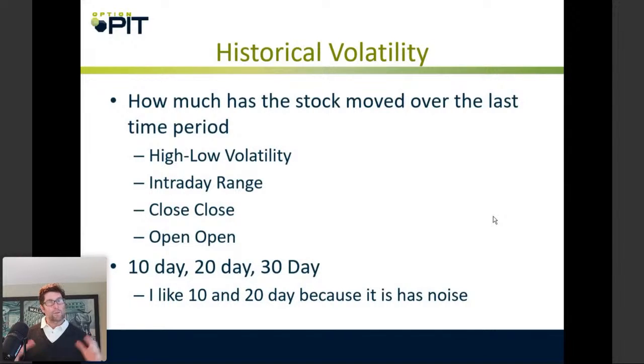So again, it gives you a reasonable idea of what's a reasonable move for an underlying. So 10, 20-day, 30-day vol. All that says is I'm looking at the last 10 days of volatility, the last 20 days, the last 30 days. That's all that says. 10 and 20-day has noise.